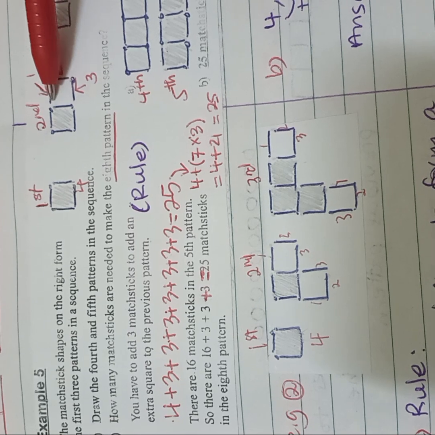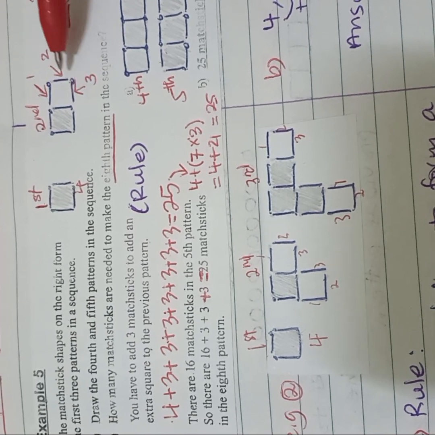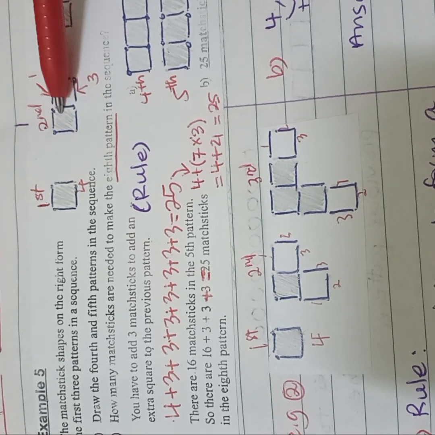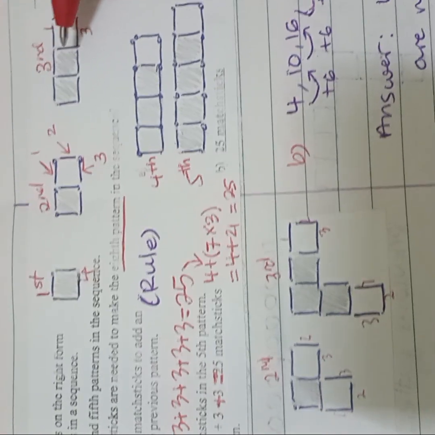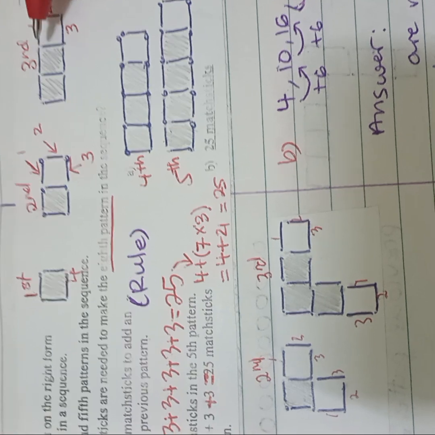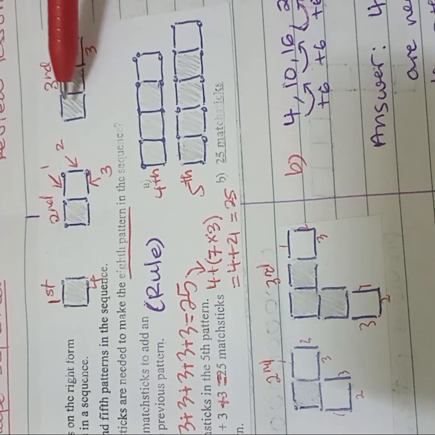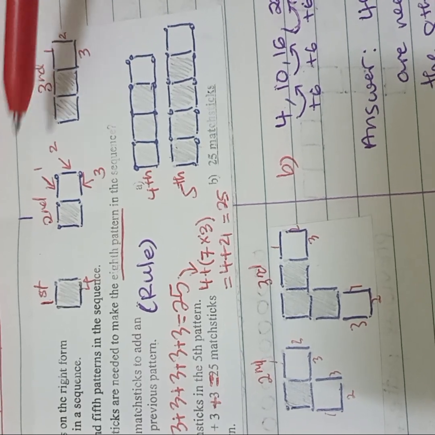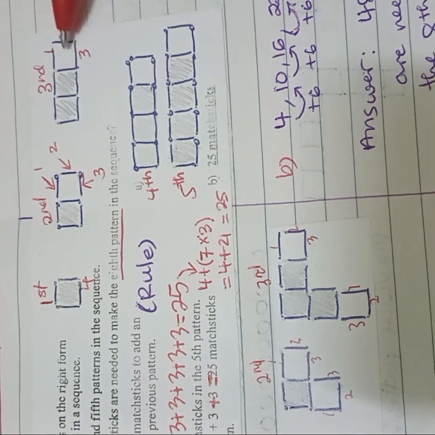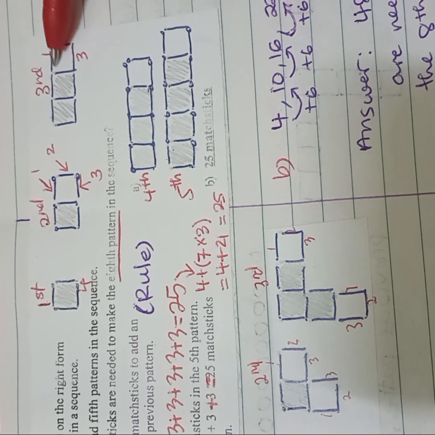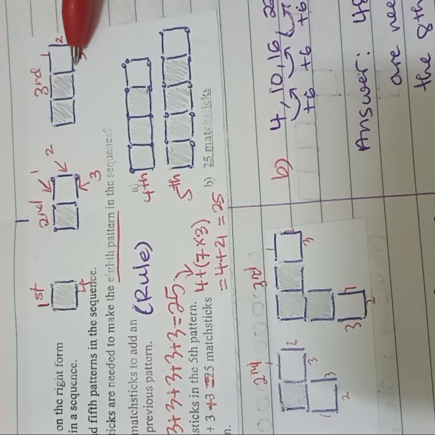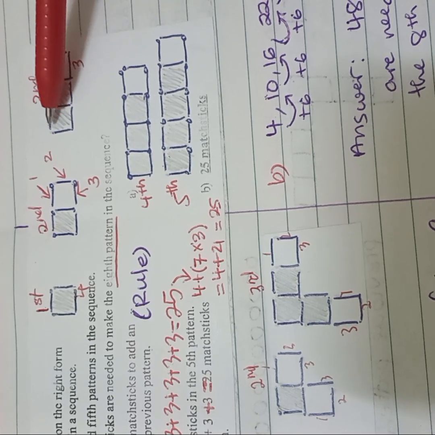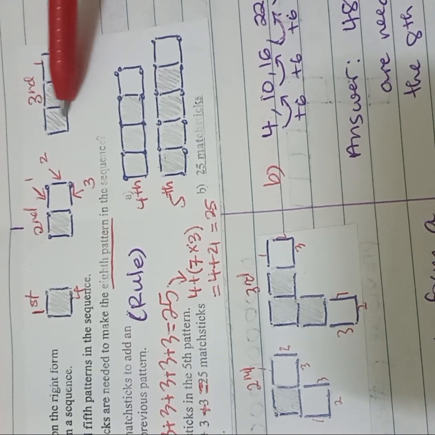So as you can see, there are 1, 2, 3 sticks added to get from the first to the second pattern. And then here's the third one, where we have these 2 shaded squares from the second pattern, highlighting the extra matches that are added onto the second pattern to get this third one.